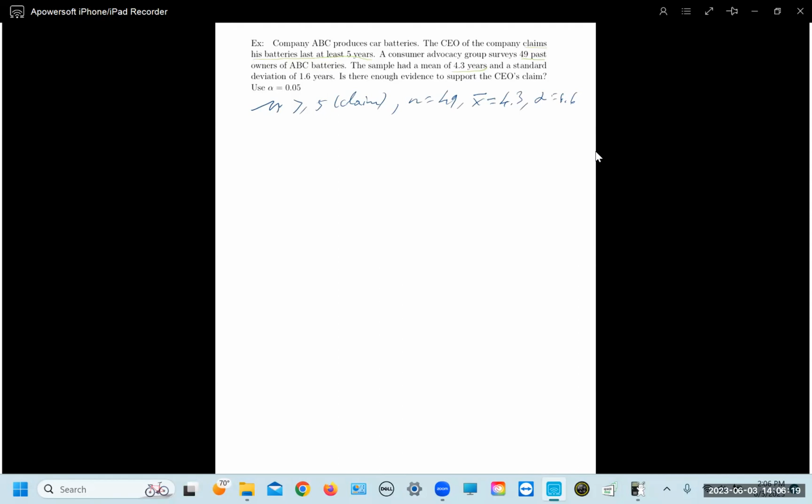So step one. H0 is mu equals 5. HA is mu less than 5. So this one is left tail.